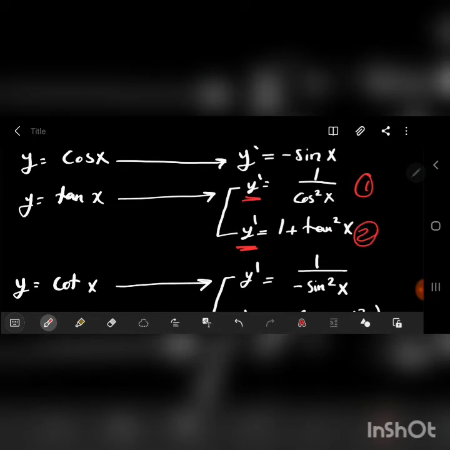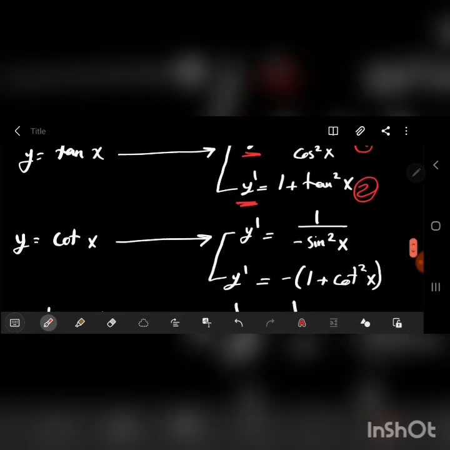You can choose any one of them. How can I choose? I can choose it by the example, the question he gave me, whichever is suitable. You will see that in the examples.